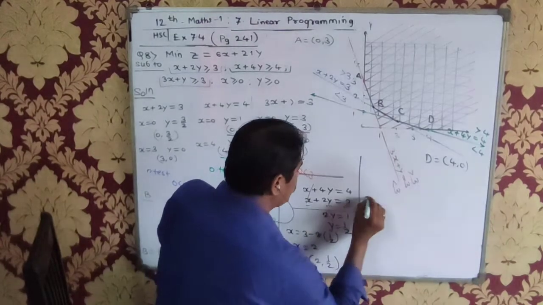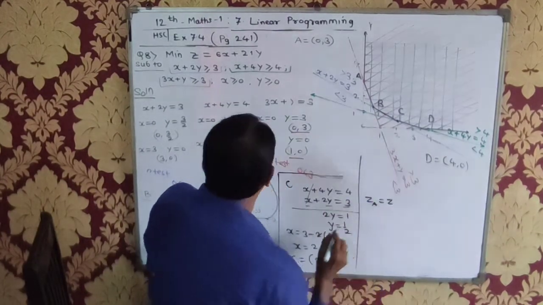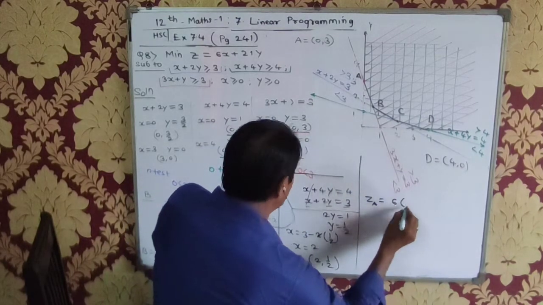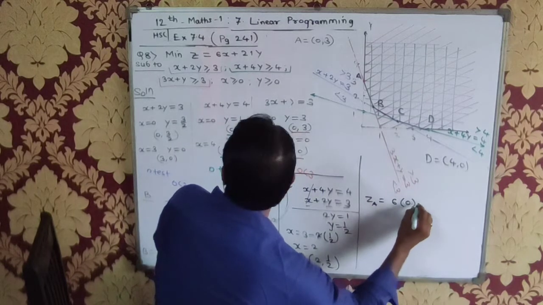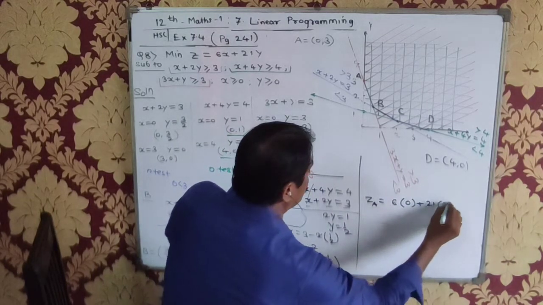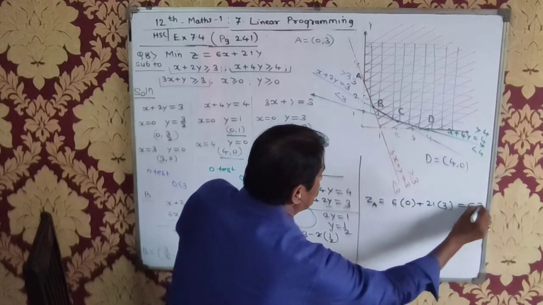The last step is to find out Z at each point. Z at A is equal to 6 into 0 plus 21 into 3, that is 63.